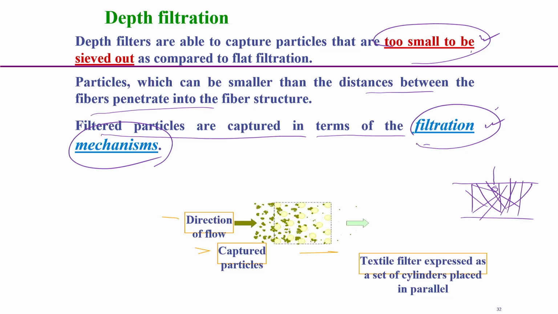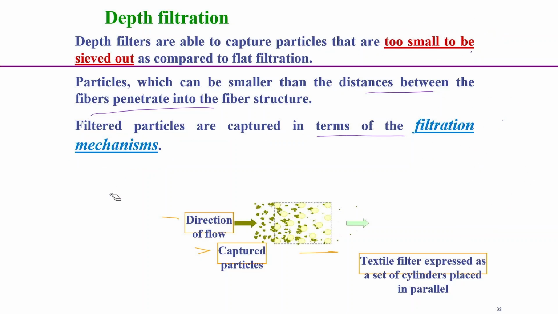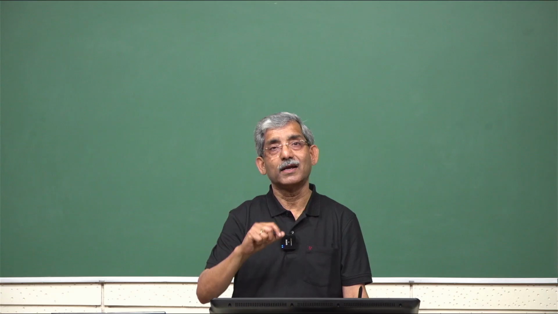There are different filtration mechanisms, that we will discuss. Which filtration mechanism will be applied depends mainly on the particle dimension, and also the speed of the air, so the air flow rate and the particle dimension.